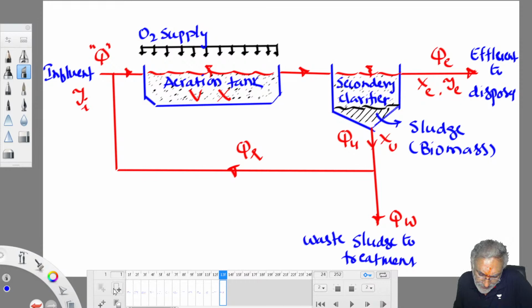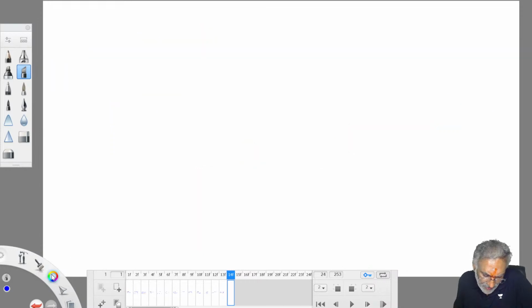Okay, I'll write the terms here. So this total process is around these terms only. So Q is equal to influent flow rate, flow rate of the influent or flow rate of the wastewater.